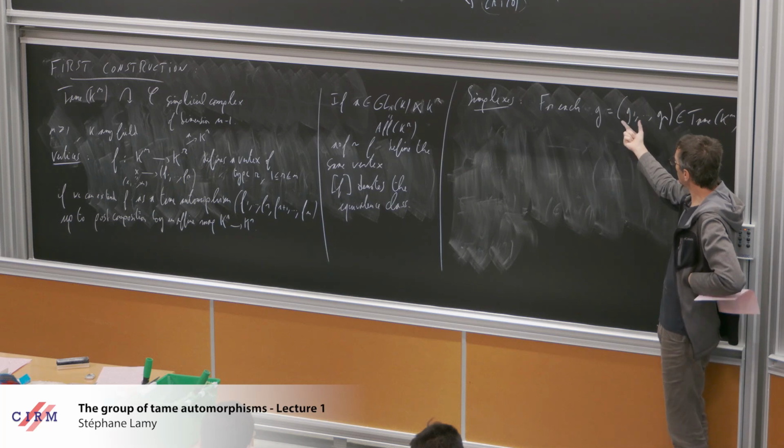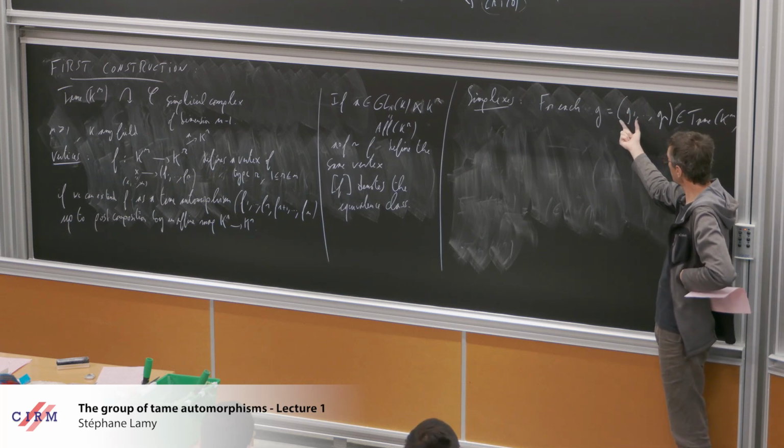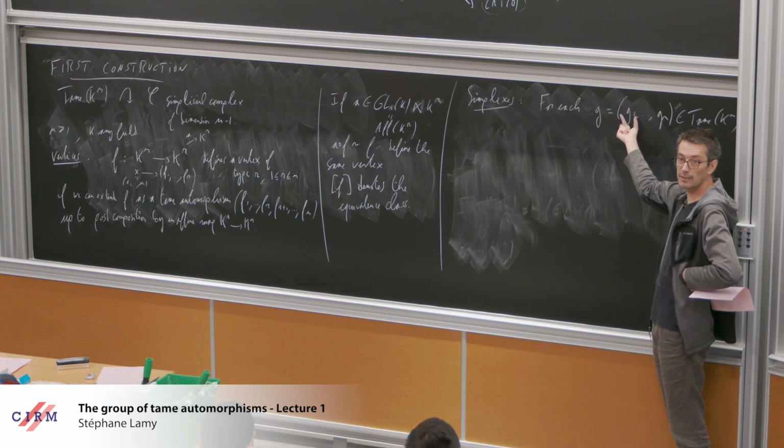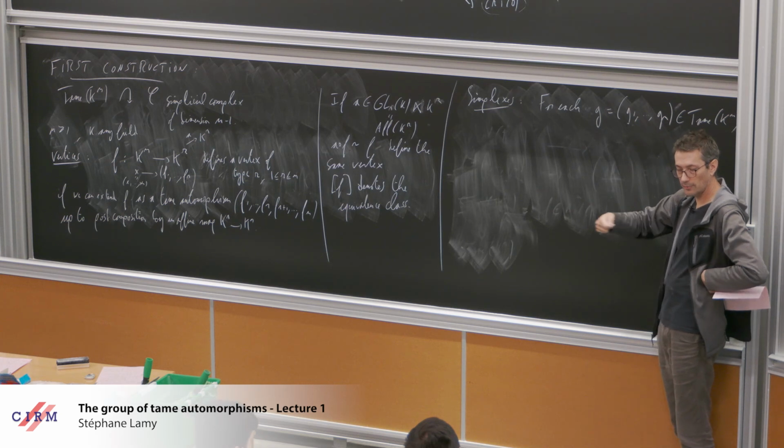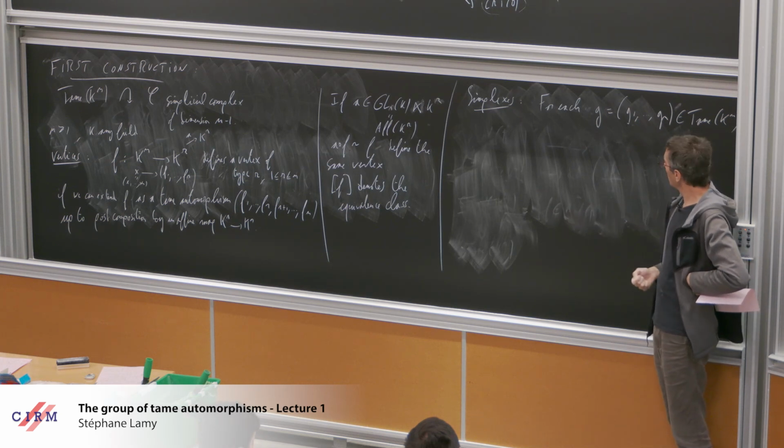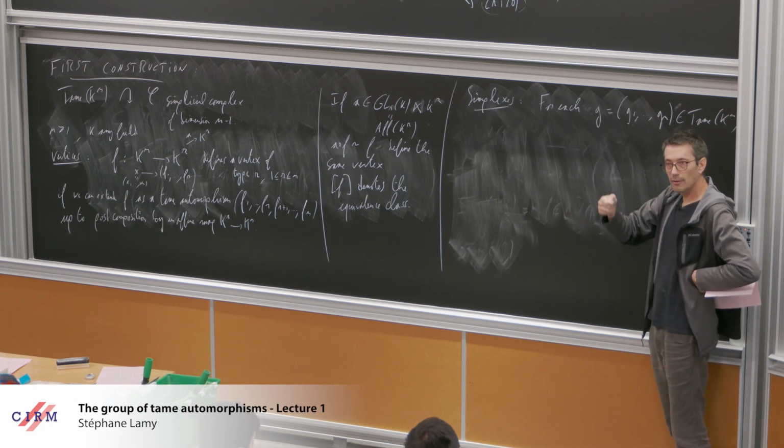You see, I can associate a collection of vertices to this map. I can take just the first coordinate, it's a vertex of type 1. I can take the first two, it's a vertex of type 2, and so on. So I have my collection of n vertices, and I glue a simplex on these n vertices.